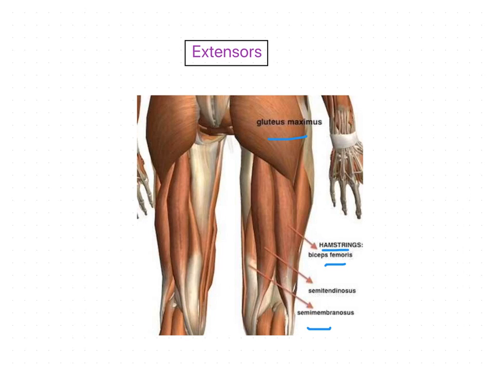Because this is the most superficial muscle, if you see from the joint axis, the moment arm is definitely larger for the gluteus maximus than the hamstrings, because the hamstrings originate from the ischial tuberosity. So definitely these muscles will have less moment arm when compared to the gluteus maximus.